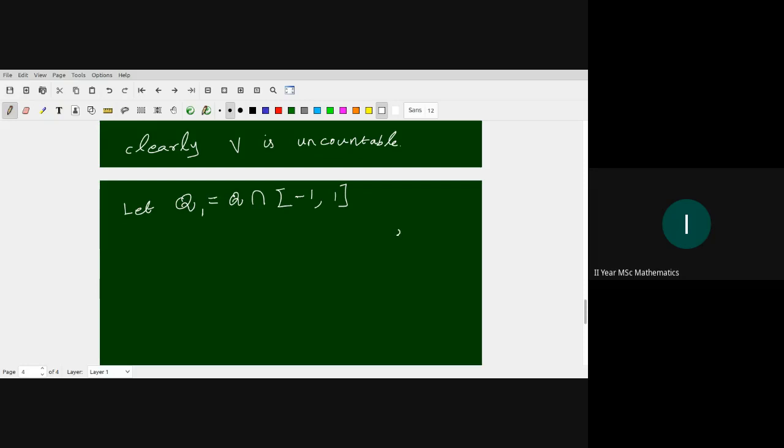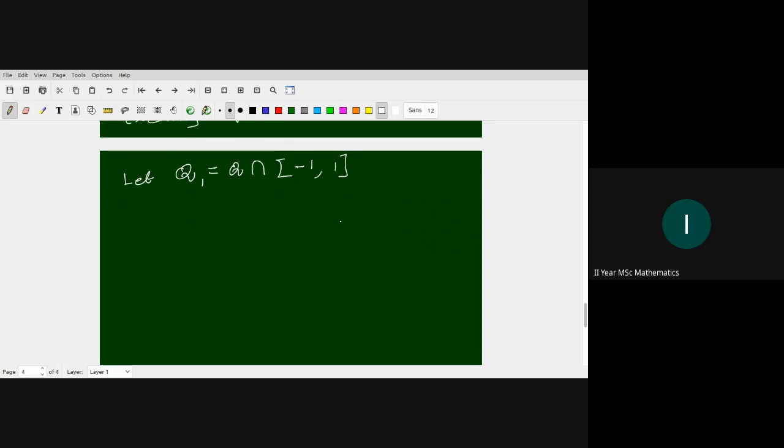Because when I choose x, y from 0, 1, x minus y belongs to minus 1, 1. So Q1 is the set of rationals in minus 1, 1, and this set is countable, right?